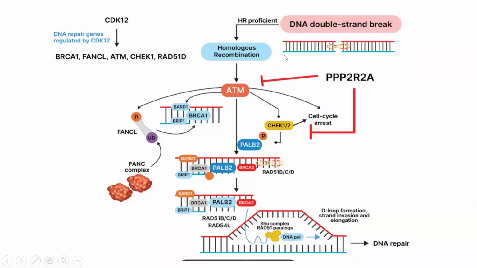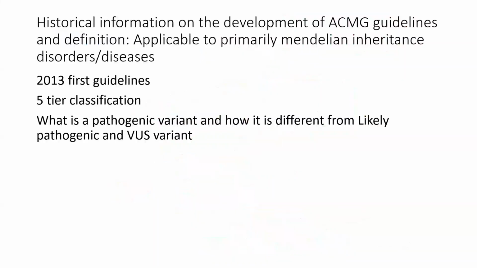In a cancer cell, when there is a mutation in any of these genes, this recombination pathway does not work efficiently, because of which the breaks remain, and there is a PARP enzyme that comes essentially to help. If you block the PARP enzyme, you are unable to repair the system. And that is the mechanism by which the drug action happens.